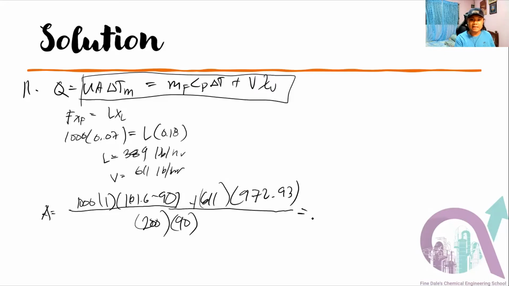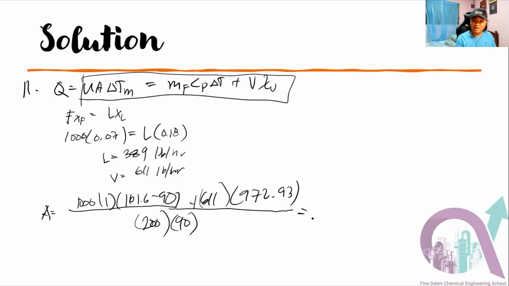Let's get the answer. So 1000 times 63.6 plus 611 times 972.93, over 200 times 90.